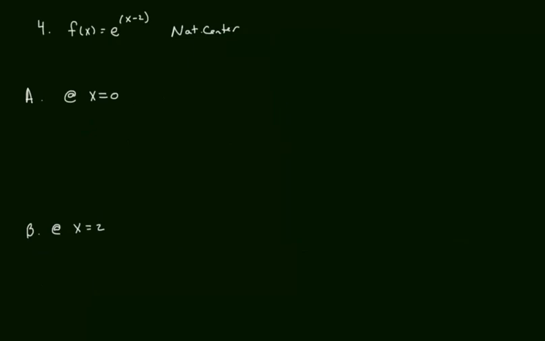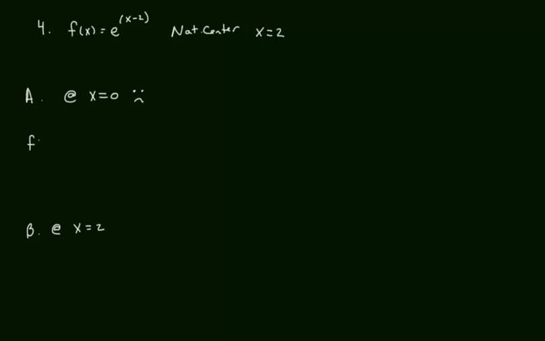Last example, number 4, you might want to try this one on your own. F of x is e to the x minus 2, which has a natural center of x equals 2. The first part, A, says a third order Taylor polynomial centered at 0. That's a sad face, because that's not the natural center.